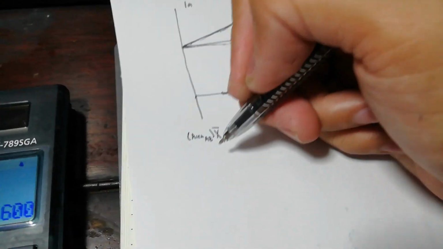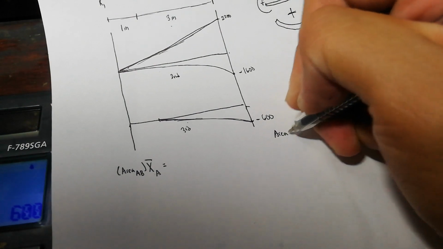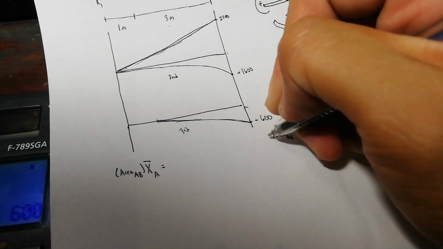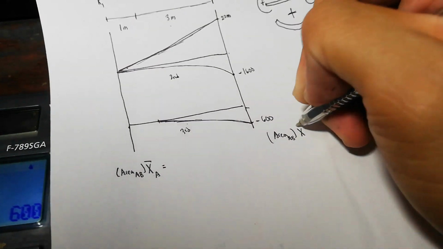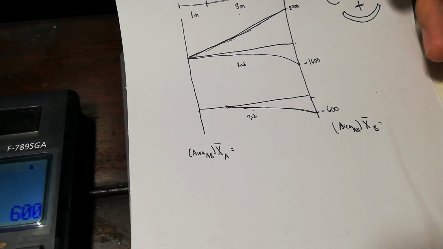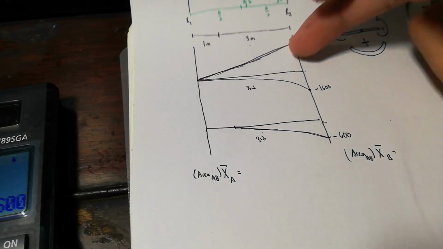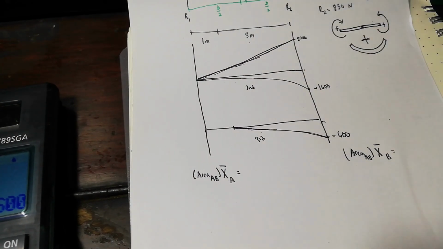And meron din tayong centroid, pero this time from B. So, ang ating kukuning area dito is area based sa diagram natin.